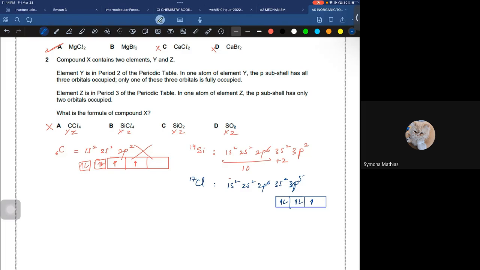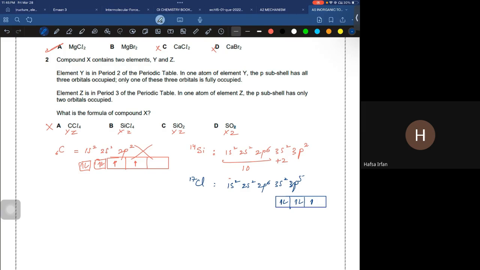Only two orbitals are occupied. So can you tell me, is chlorine in period 3, yes or no? Chlorine is in period 3 or not? Can you check the periodic table? Tell me quickly. Yes, it is.